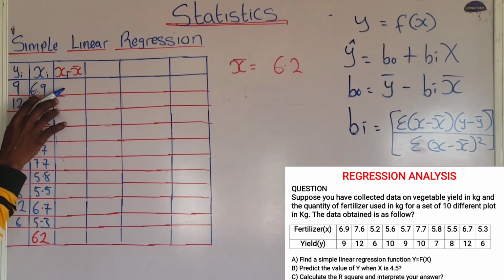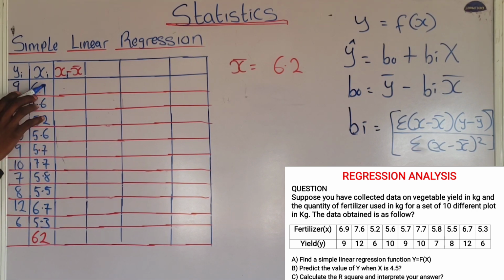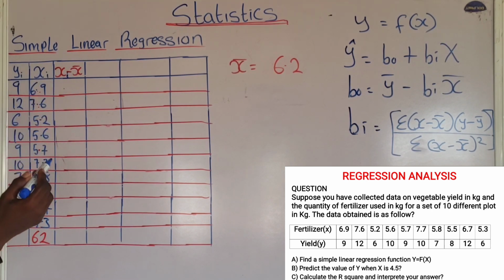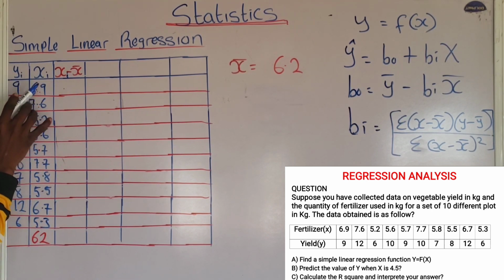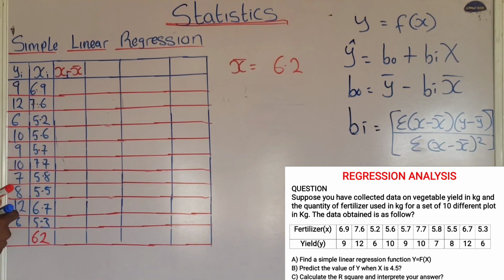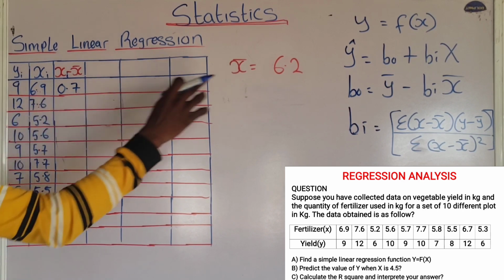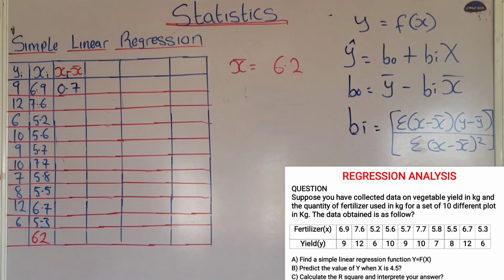So if I want to get the value of these cells, I'm going to take the corresponding x of that cell minus the mean value of x. So here I'm going to have 6.9 minus 6.2. That will be 0.7. So the value here will be 0.7. Okay, 7.6 minus 6.2 will be 1.4.